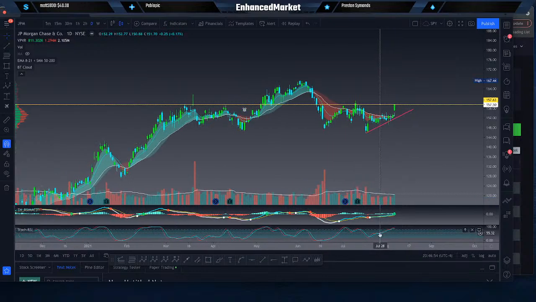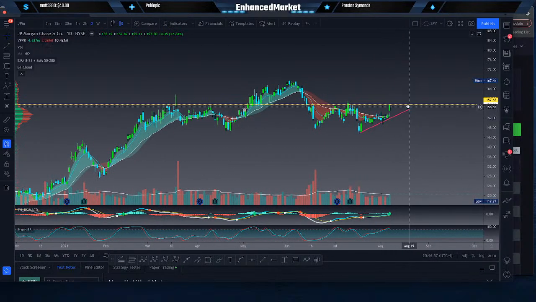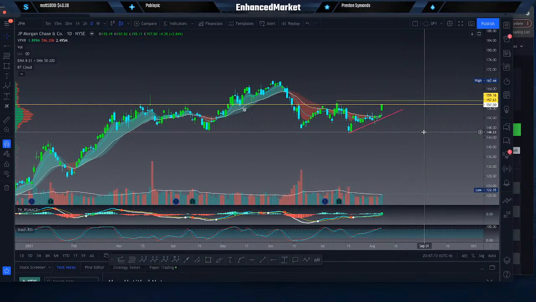RSI and MACD are moving to the upside. So if we can get over this level and close above and then break that level, 159.16, this should continue to move to the upside. I do like this. This is a good risk to reward play.